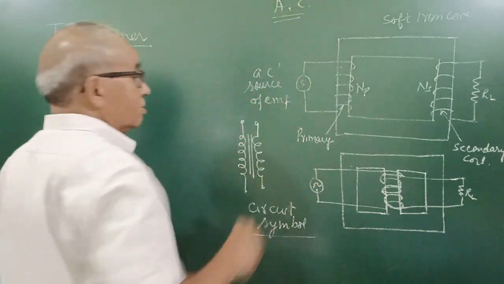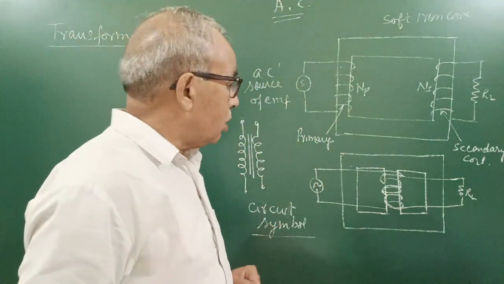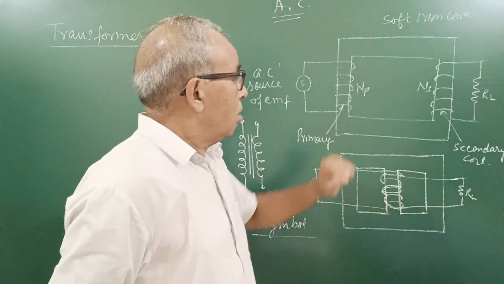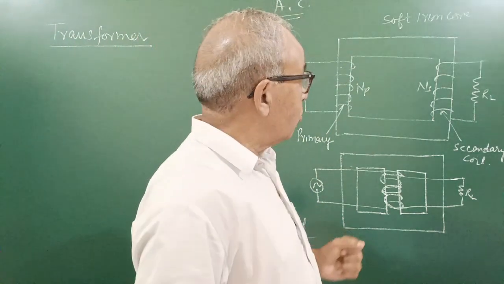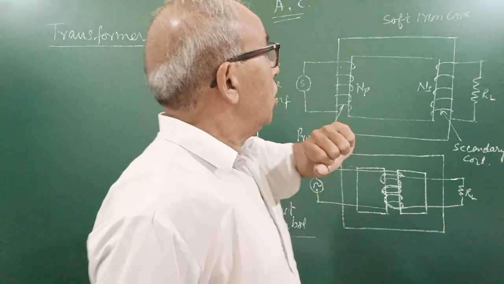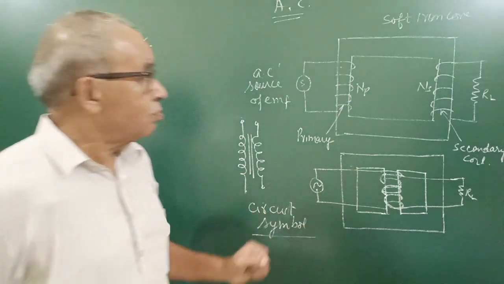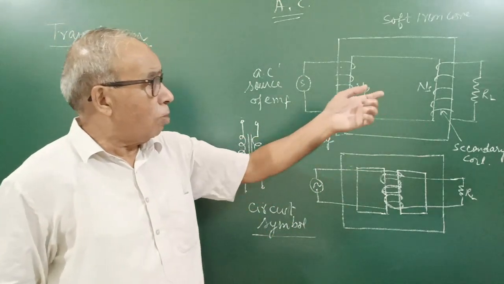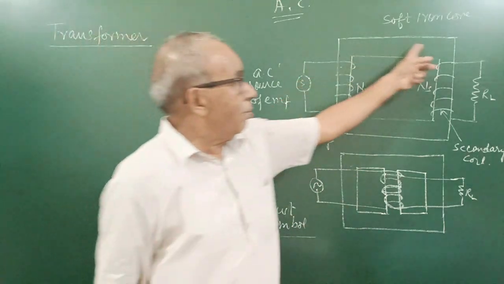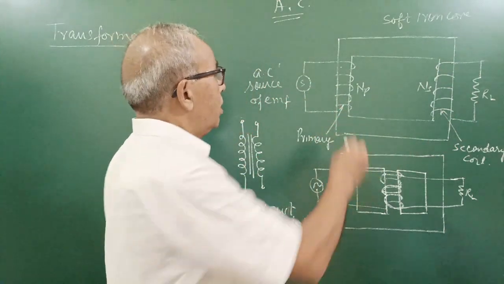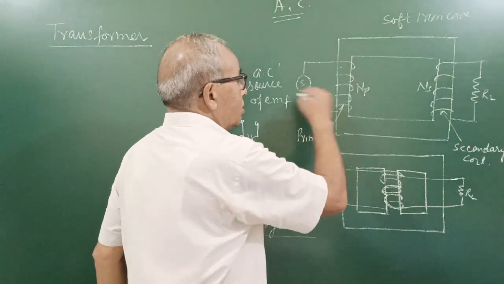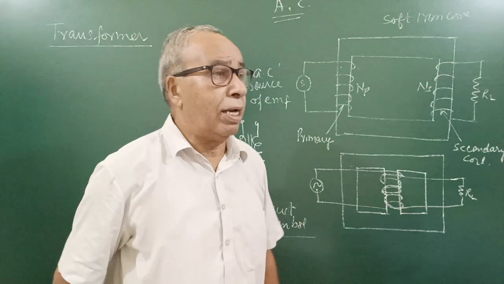You will understand why. It consists of generally two coils which are insulated from each other and wound over the same soft iron core. Just for the sake of understanding, I have taken the soft iron core. This is one copper coil, insulated wire.